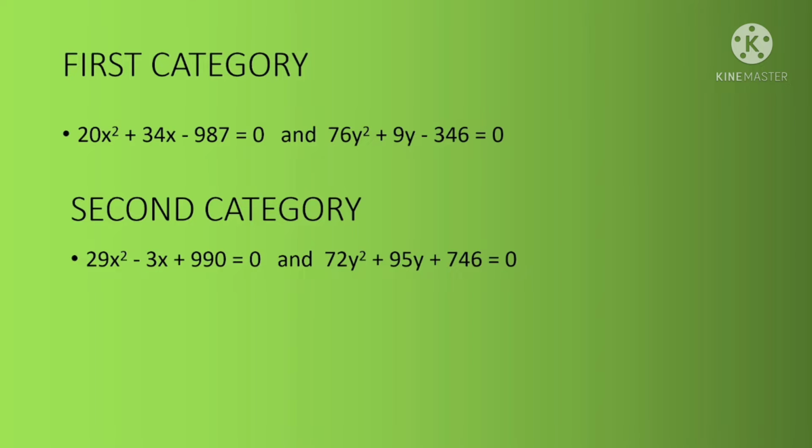And the second category will be like 29x square minus 3x plus 990 equal to 0, and 72y square plus 95y plus 746 equal to 0. In this second category also, the numbers are high or prime, so we will find it difficult to arrange the roots for the values of x and y.